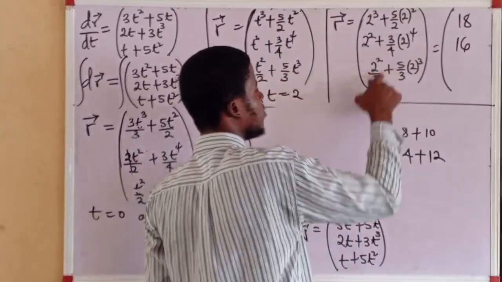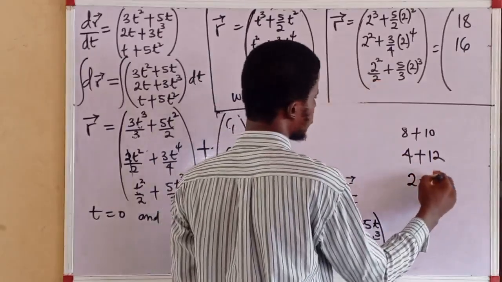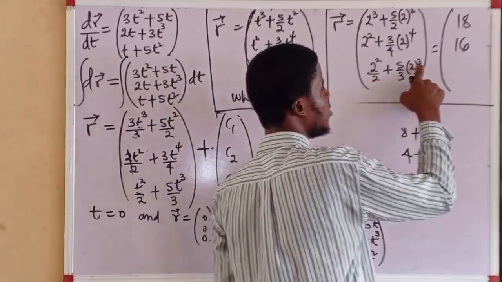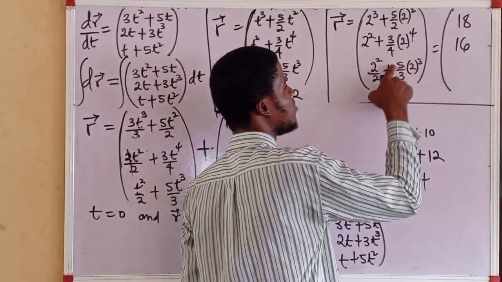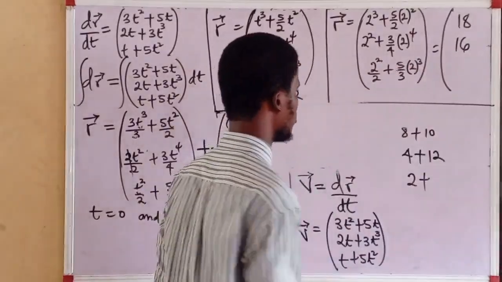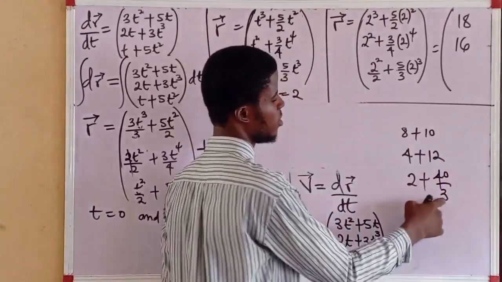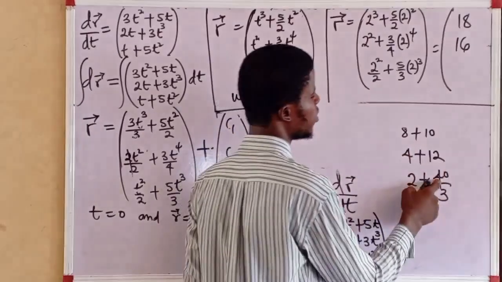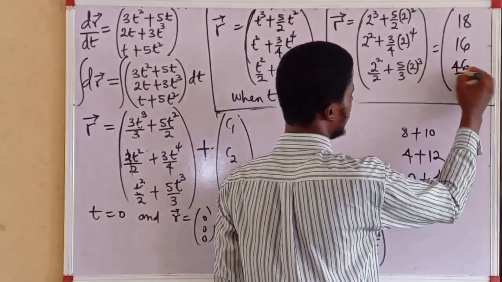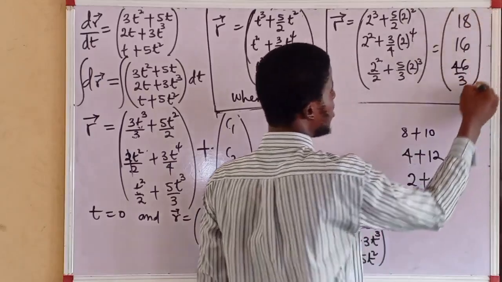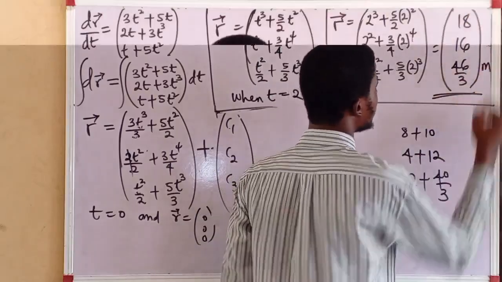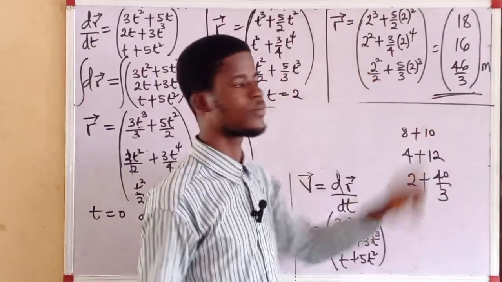Then 2 squared is 4, divided by 2 is 2, 2 to the power of 3 is 8, 8 times 5 is 40. That's 40 over 3. If we simplify this, 2 times 3 is 6, 6 plus 40 is 46. That's 46 all over 3. So this is the position of the particle in meters when t is 2 seconds.